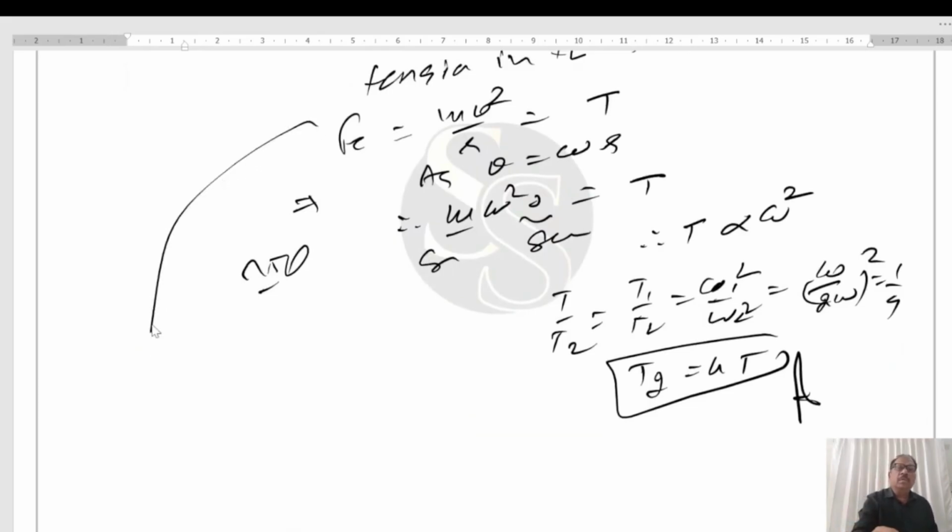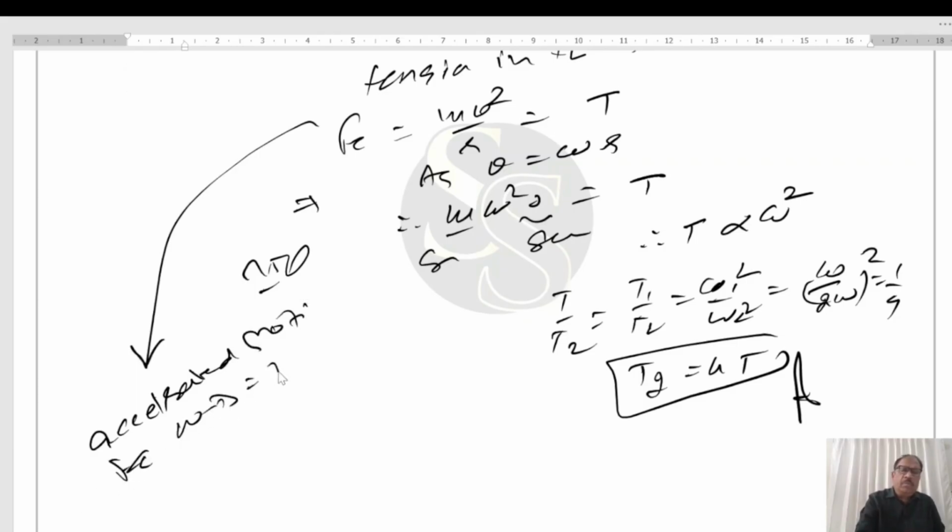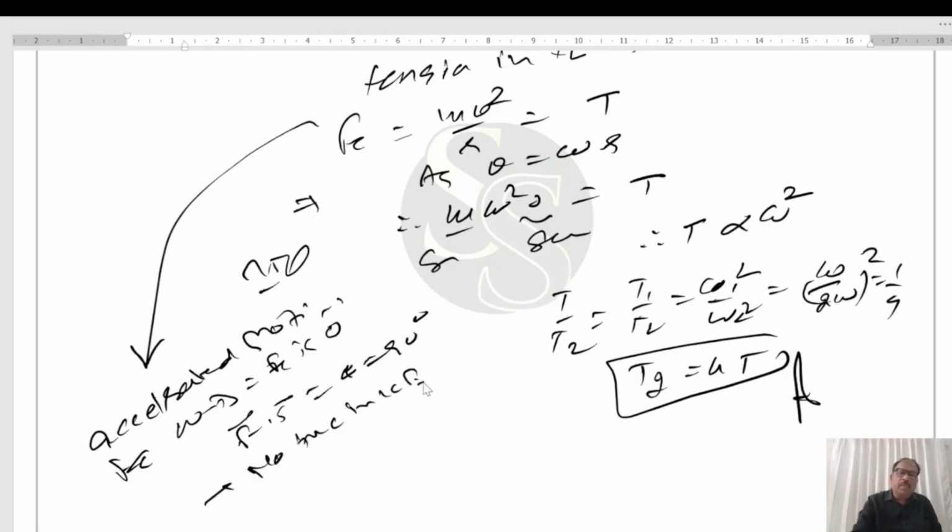Centripetal force: uniform circular motion is always accelerated motion. Work done by Fc is 0, because F dot S involves cos theta with theta 90 degrees. There is no increase in kinetic energy or angular momentum. Right?